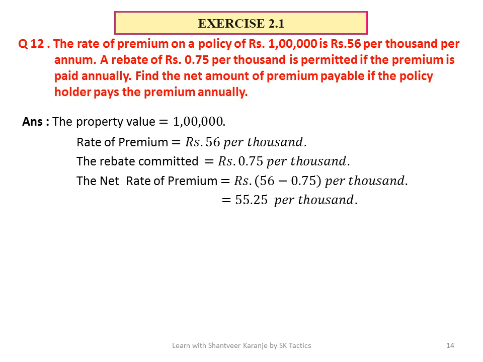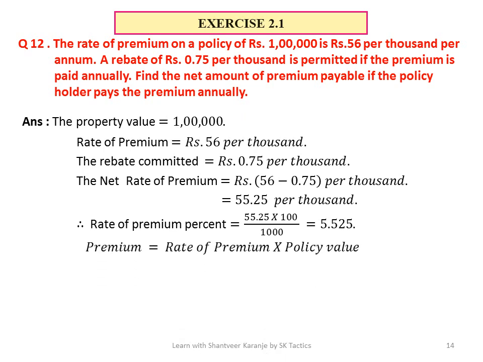Up to this we calculated everything in per thousand. And to use the rate of premium in the formula we need it in percent, so I convert it to percent. Rate of premium in percent is equal to 55.25 into 100 divided by 1000, which is 5.525%.